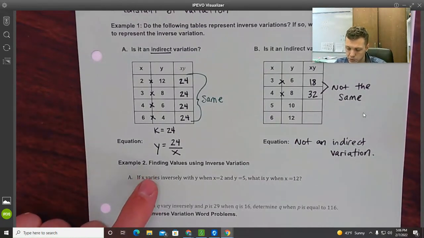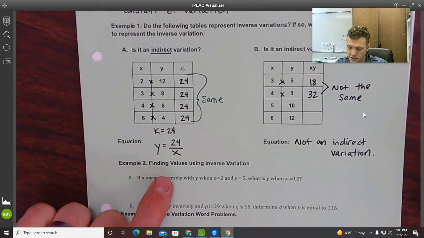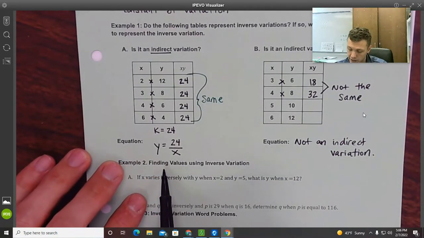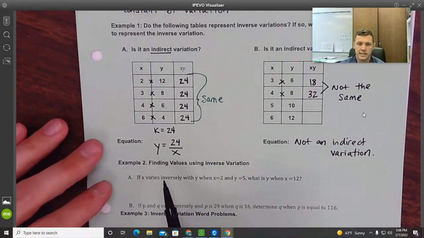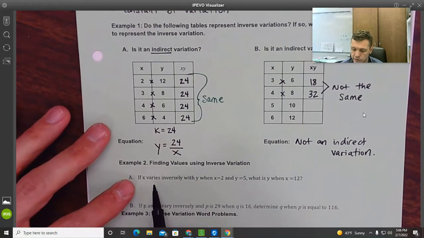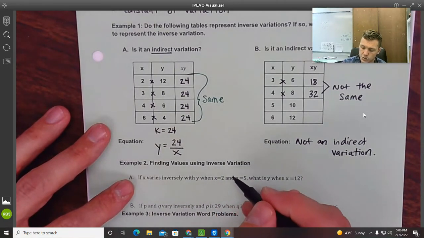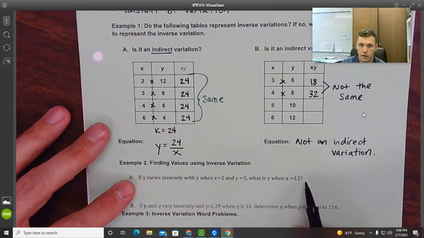Right. So example number 2, it wants us to find values using inverse variation. So example A says if x varies inversely with y when x equals 2 and y equals 5, what is y when x equals 12?